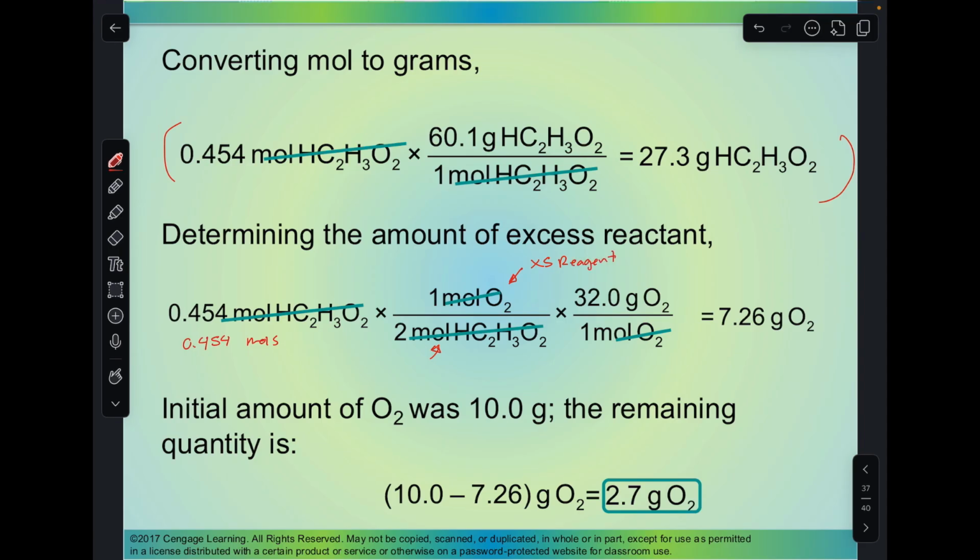It's just a quicker way to write that, but it means the same thing. Then we can convert that to the number of grams by using the molar mass, and we end up getting the number of grams of oxygen that are used up in order to make this amount.